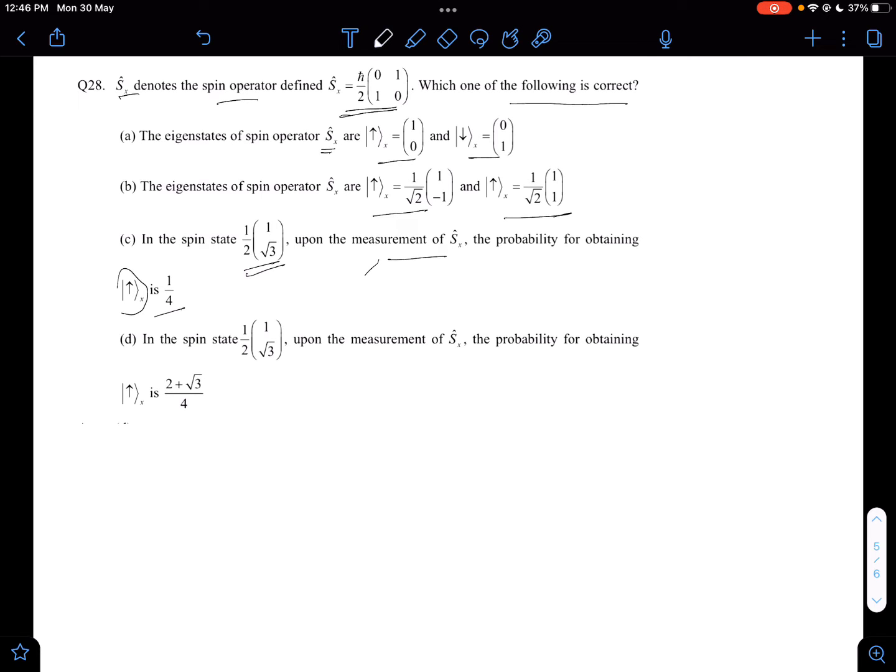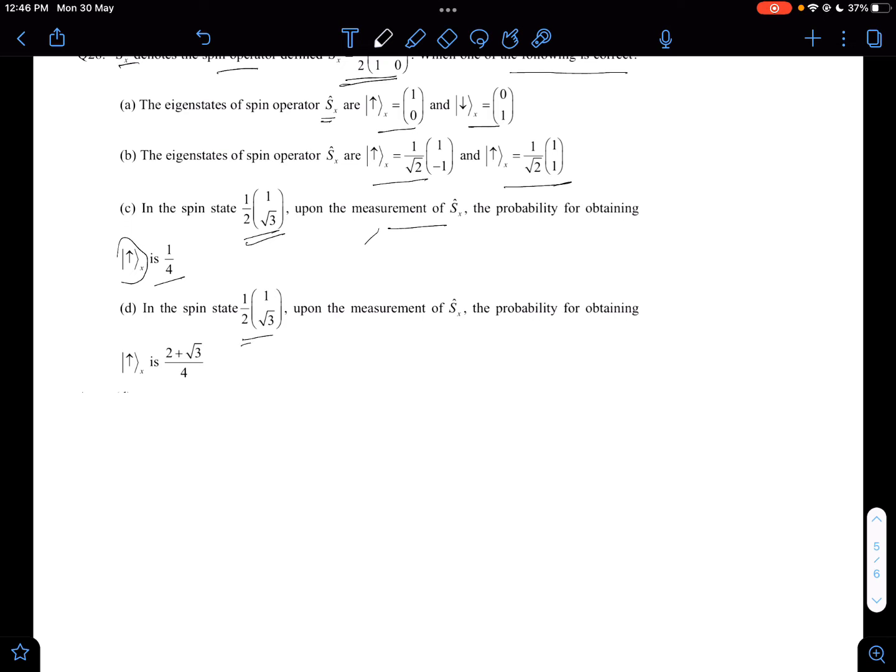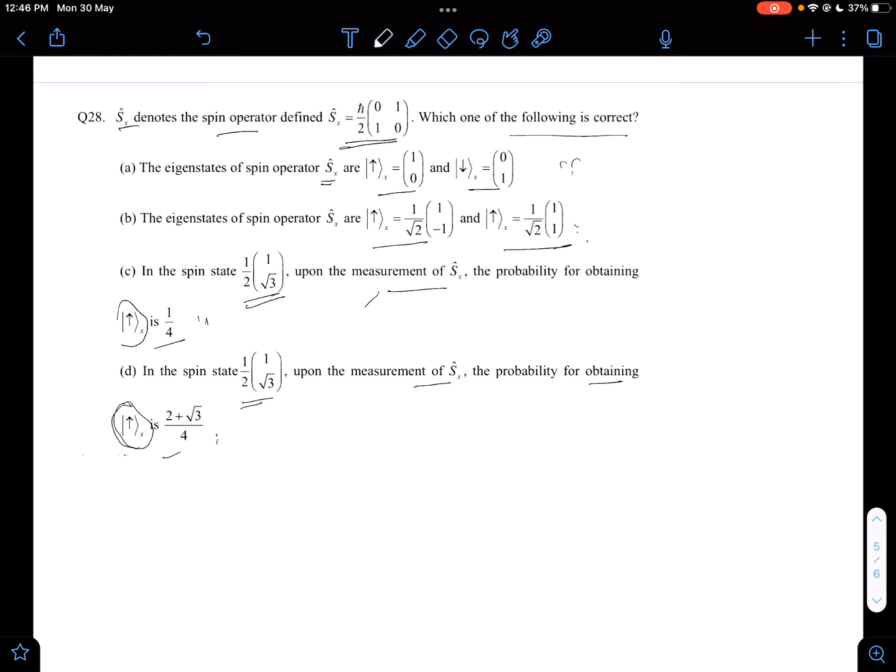Another option states that if the particle is in the same state and we measure Sx, then what is the probability for obtaining the spin up condition. We have these two options for eigenstates.